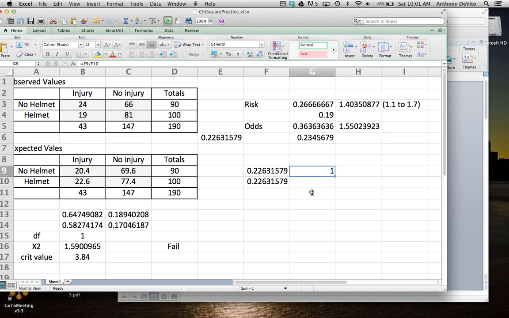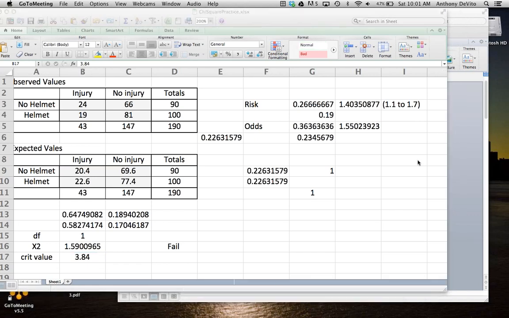No association would imply an odds ratio of 1. And no association would imply a chi-square value of less than 3.84. So we fail to reject that null hypothesis. So we can't adopt our alternative hypothesis that there is an association. Okay, so that's where we are with that.